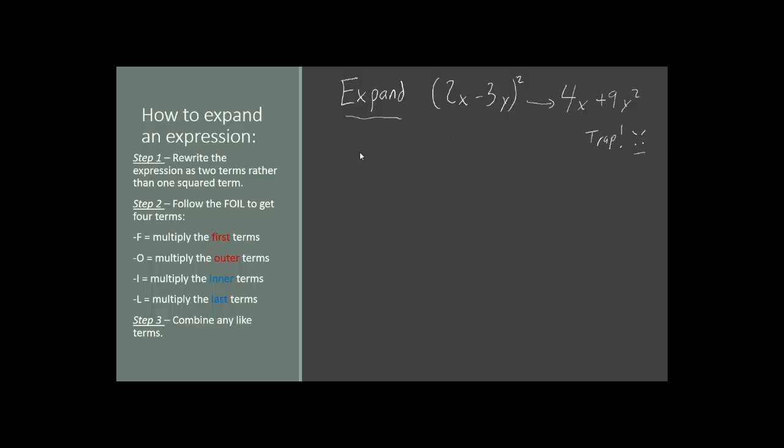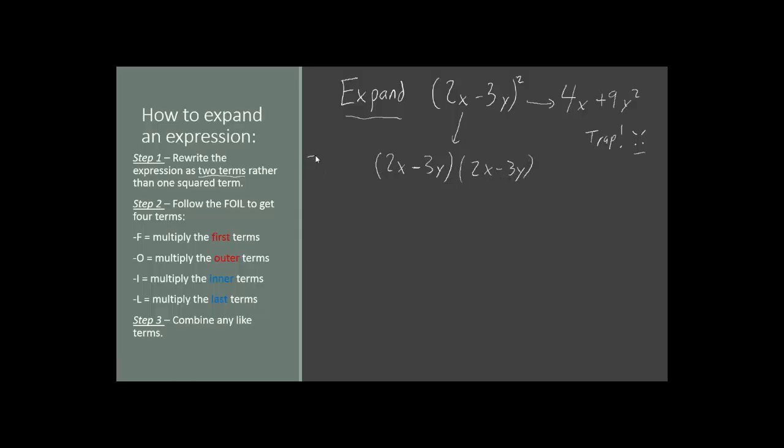What you have to do instead is to rewrite the expression as two terms rather than one squared term. So what you should be starting with is this: 2x minus 3y times 2x minus 3y, written like this.